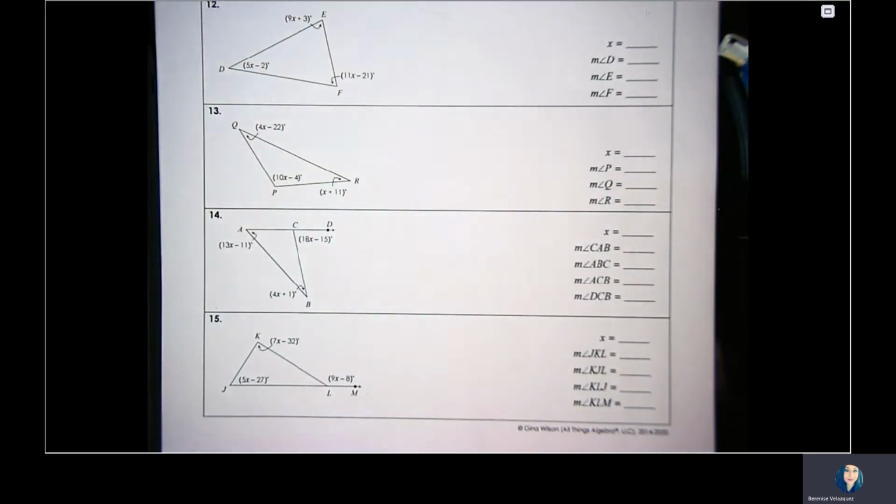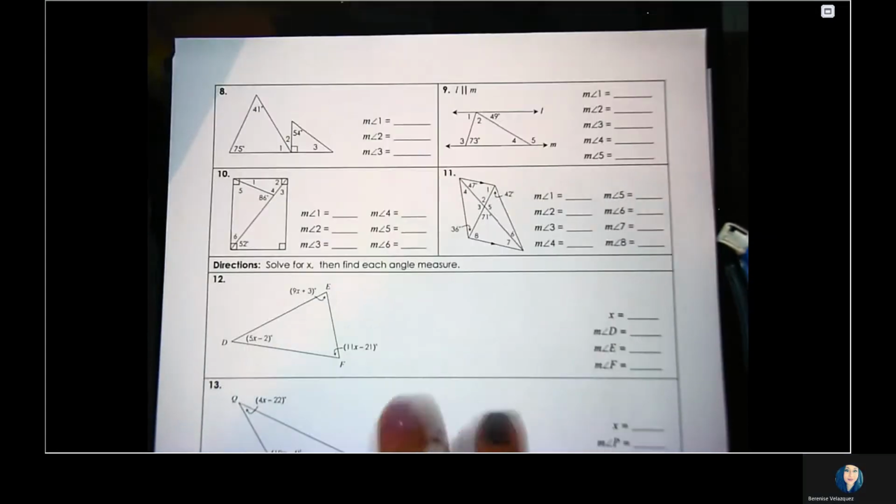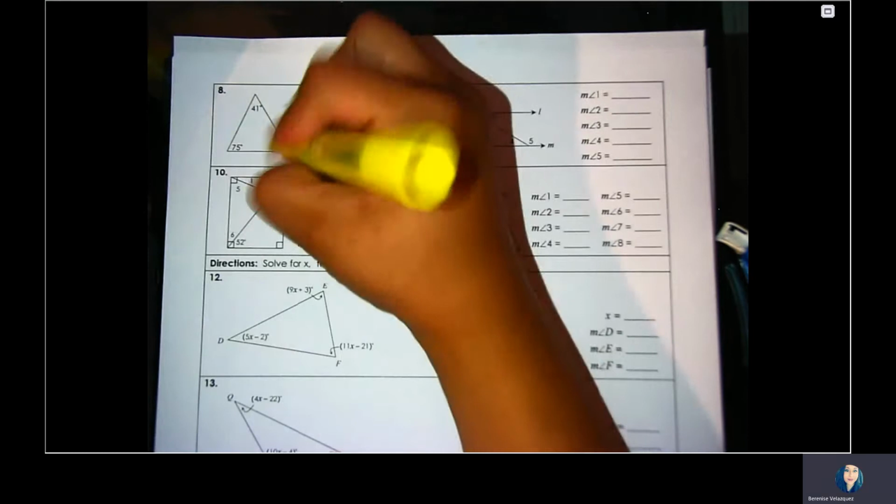Next, we're going to go to number 8 up at the top. So now we're going to fill in these, and they get more complicated. The shapes just get more complicated, and it makes it harder. It just does. Okay, that's geometry for you. So we're going to start with angle 1, which is not too bad. It's in a triangle.